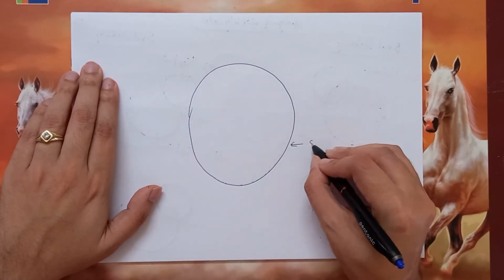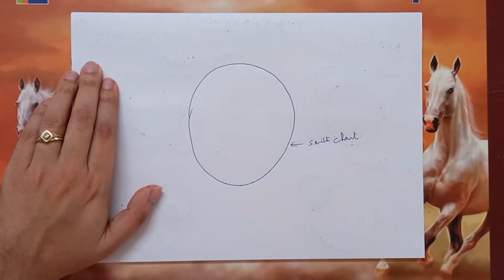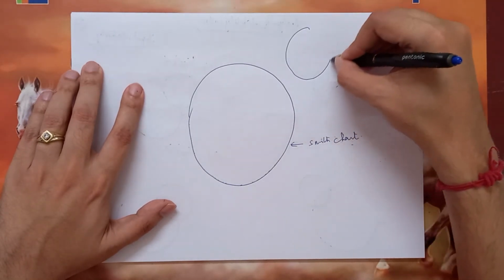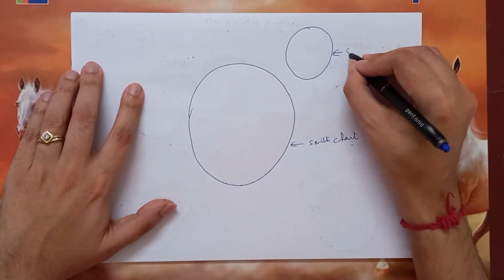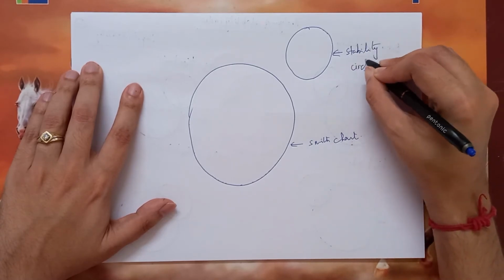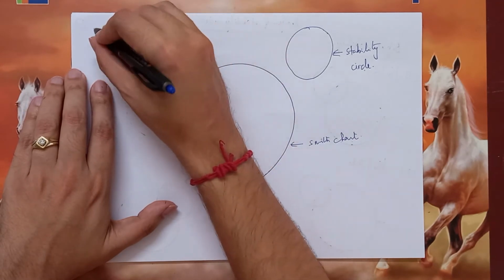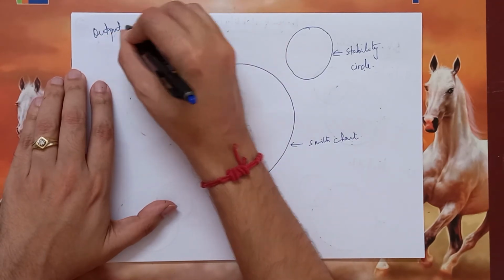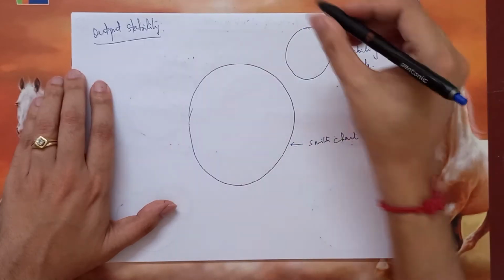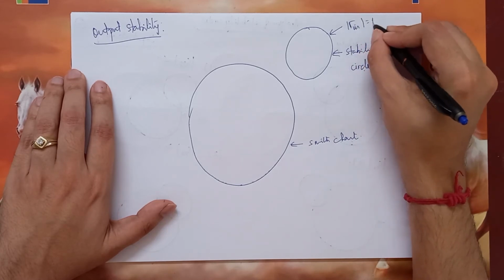This is my Smith chart. If this is my Smith chart and my stability circle is over here, let's go for the output stability case once. This circle indicates mod gamma in is equal to 1.